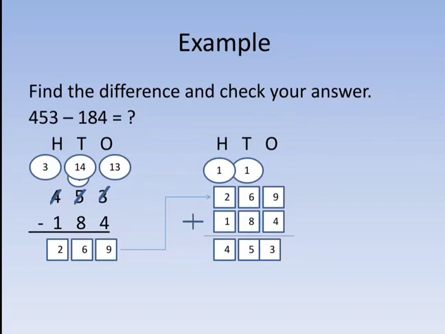I hope this will help you to understand how we can check whether our calculation is correct or not. We add the difference and the smaller number, and if the sum of the difference and the smaller number is equal to the bigger number or minuend, it means our calculation is correct.